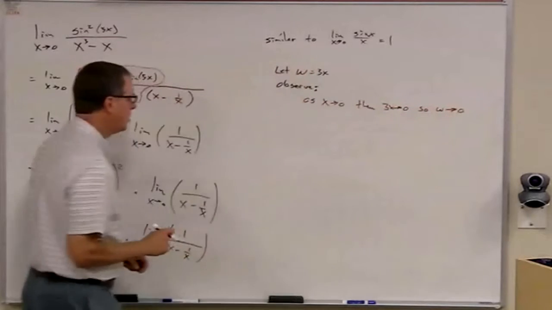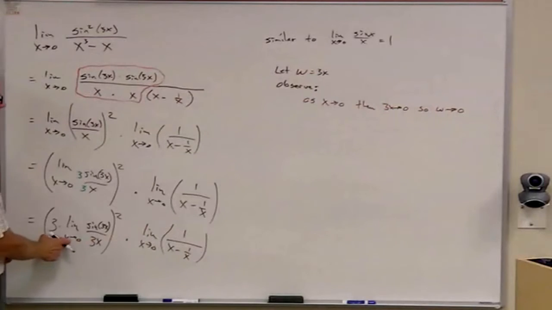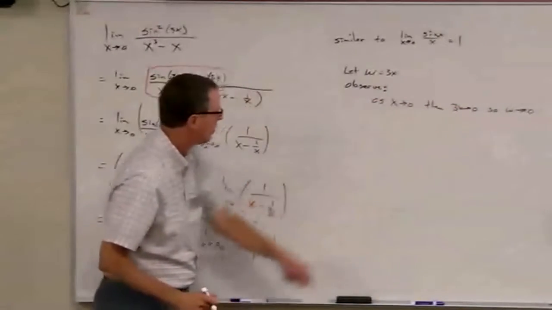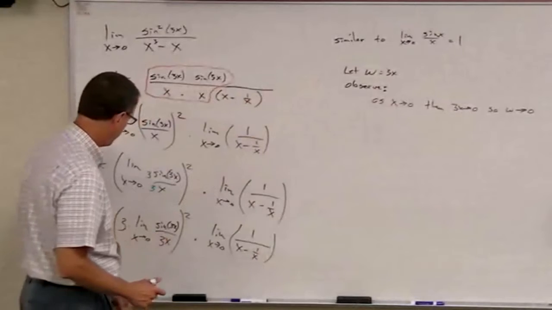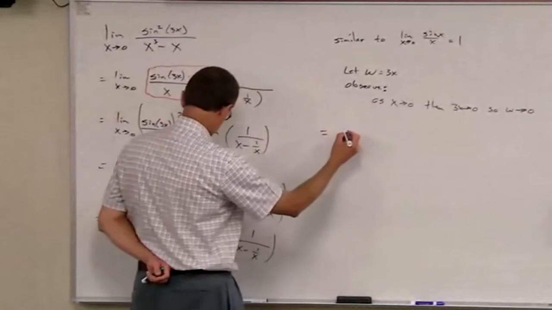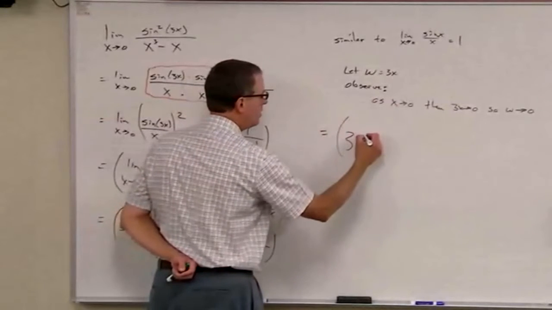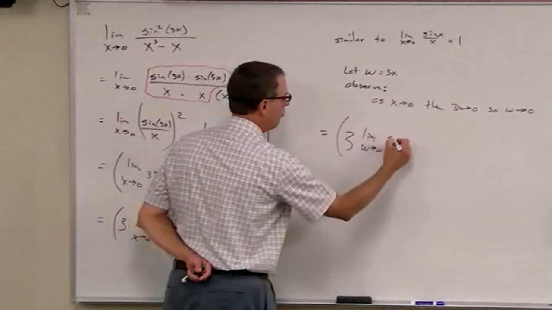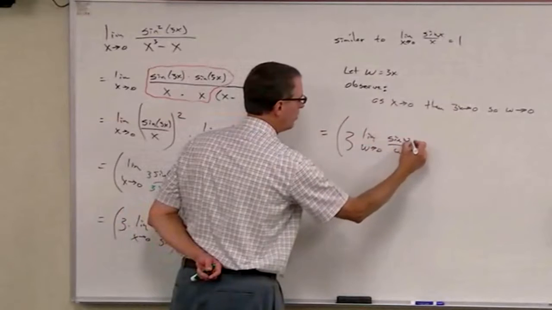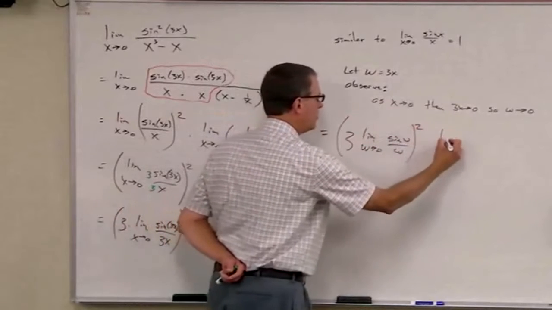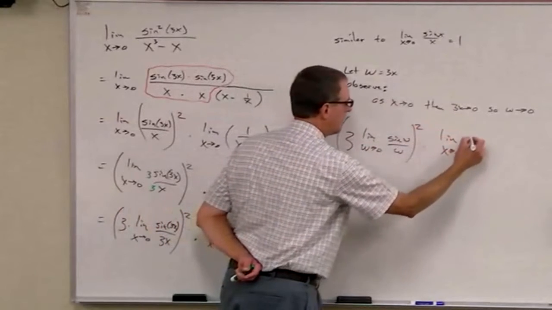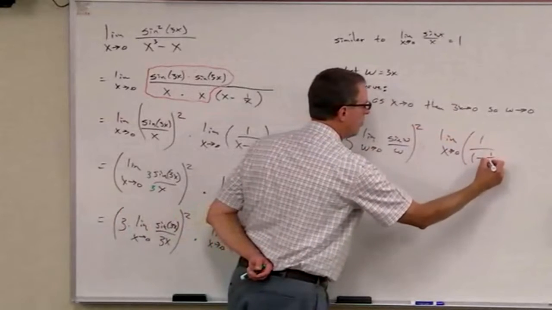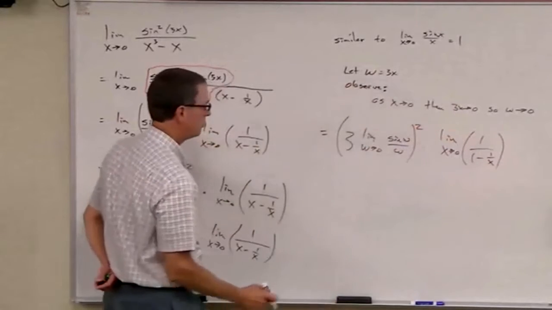So I can replace x goes to 0 with w goes to 0, and I can replace 3x by a w, so I get 3 times the limit w goes to 0 of sine of w over w squared, times the limit x goes to 0 of 1 over x minus 1 over x.